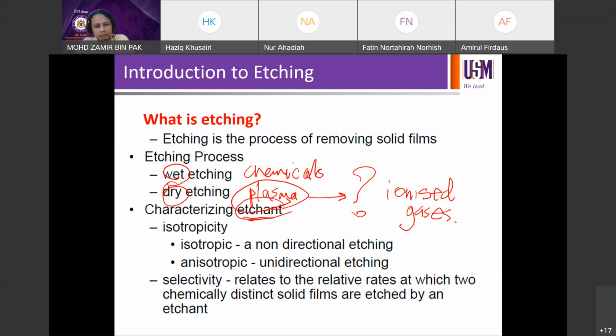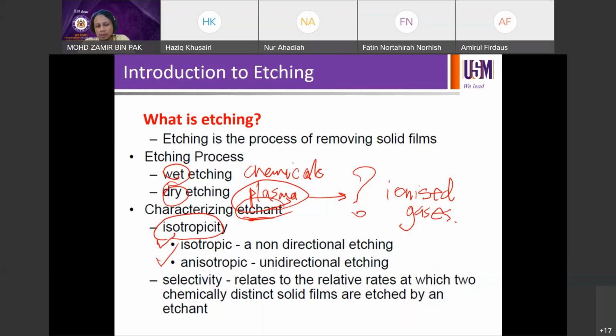So kalau gas, then argon gas will be the etchant that will generate the plasma to remove silicon, for example. And when I talk about etchants, there are few parameters of the etchant that you have to understand. For example, isotropicity.